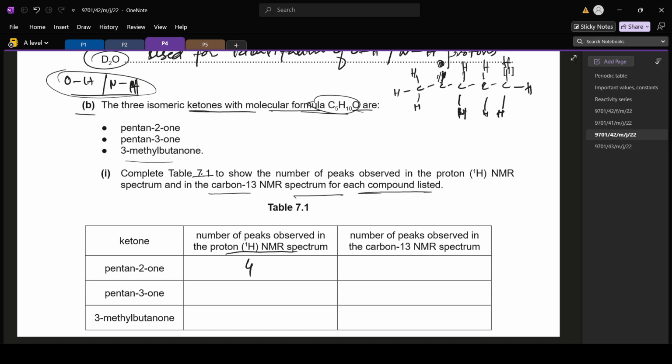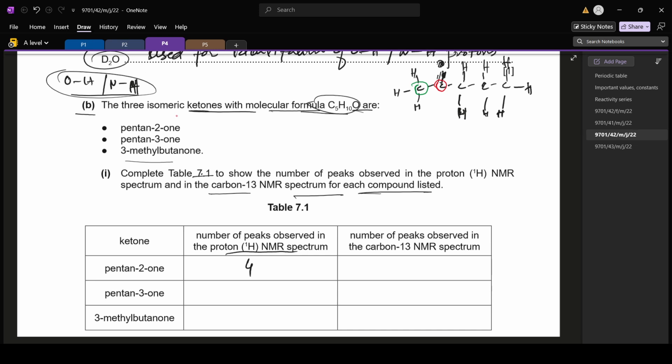Now we have to find the environment of carbon. This carbon has a different environment, then you have this carbon which is also different from this carbon.